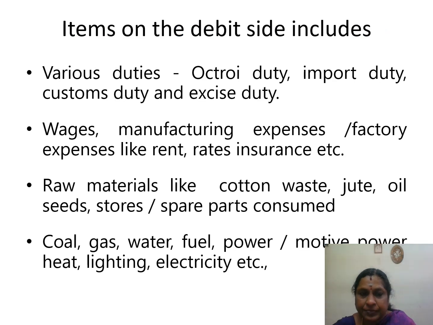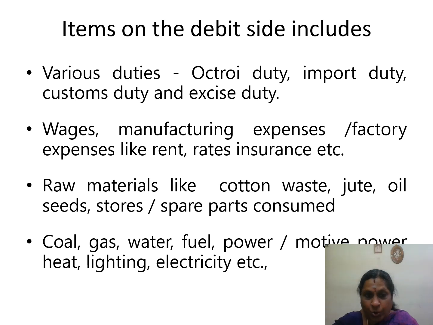Now, other than that, we also have various duties like octroi duty, import duty, customs duty, excise duty, and wages. Manufacturing expenses and factory expenses like rent, rates, insurance will also appear on the debit side, and anything connected to the raw materials like cotton waste, jute, oil seeds, stores, spares or spare parts that are consumed for manufacturing will also appear on the debit side.